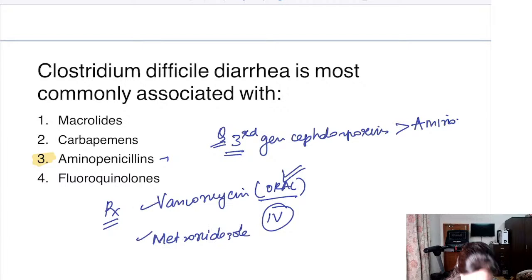So these are the two, vancomycin and metronidazole. We can give rifaximin also, right?